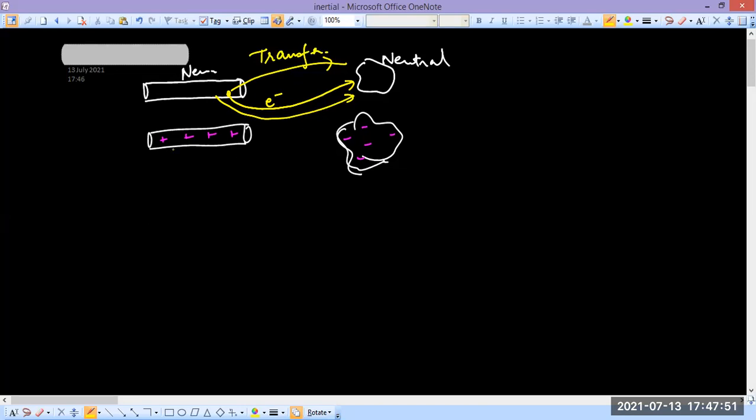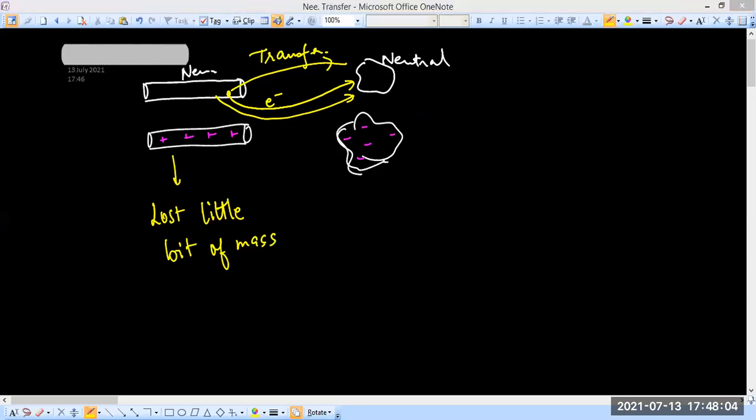So do you realize that this rod has lost little bit of mass? Yes or no? We are not talking about whether they will attract or repel. That's a different thing. I'm talking about what will happen to the rod's mass.